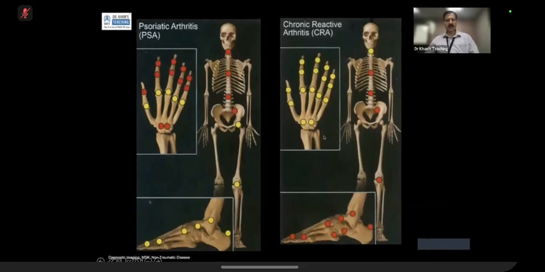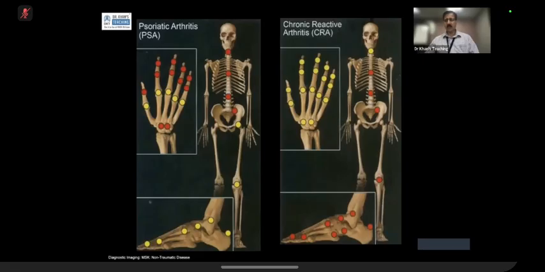Classical clinical presentation was in a male: urethritis, conjunctivitis, and arthritis. So that was Reiter syndrome. Later on, we now call it chronic reactive arthritis.